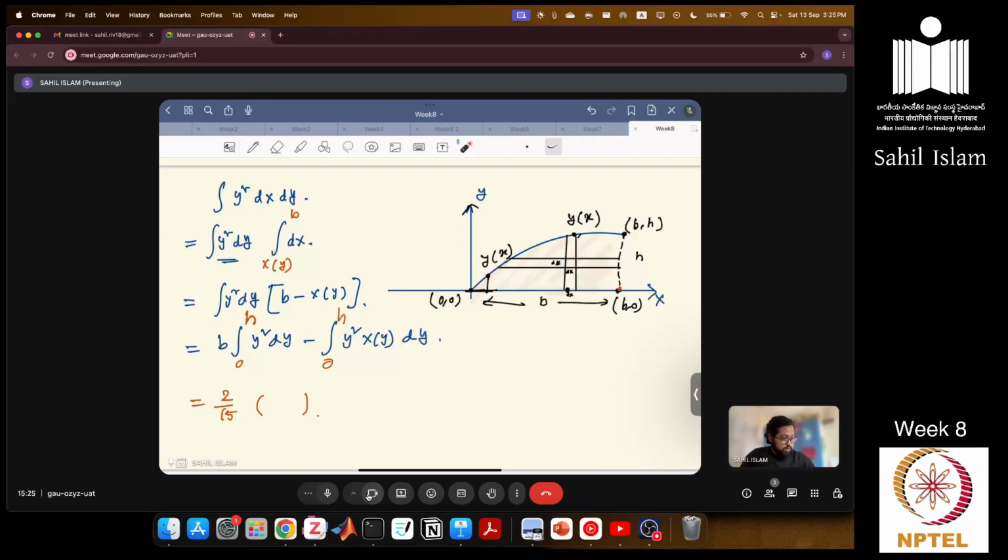For this plate, y goes from 0 to h and x goes from some y to b. This is very important. If you do x goes from 0 to b, you are basically integrating over this whole area, something like that, or probably you will be getting the area of this part, not the other way around.